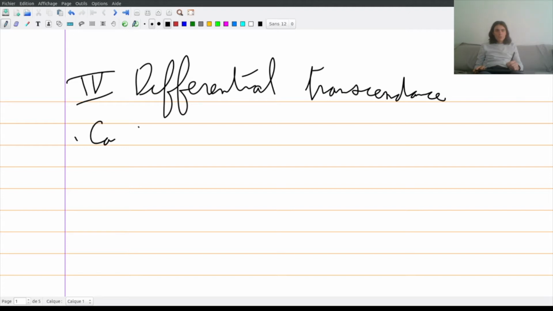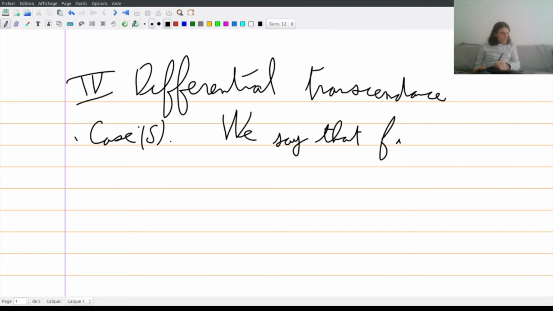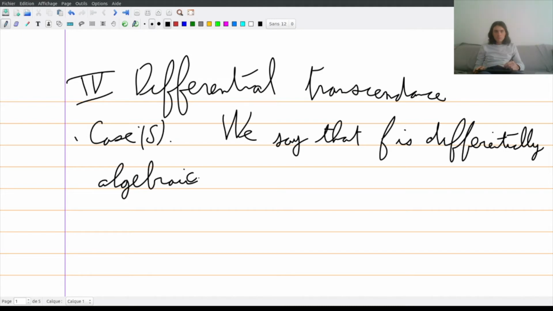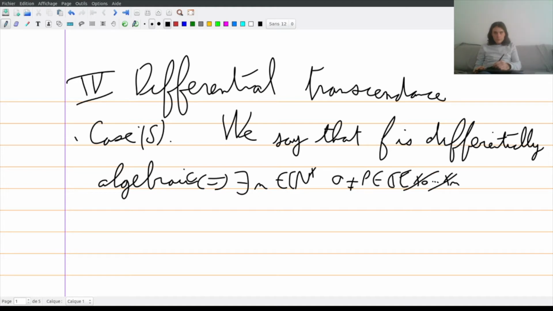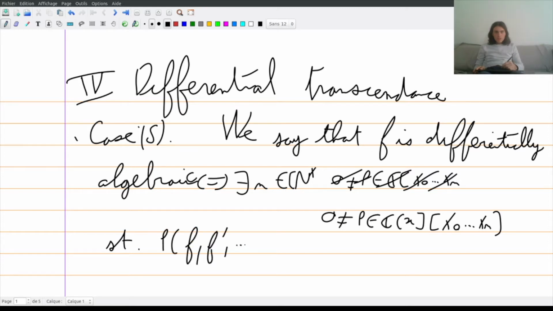So let us consider the case S, and we say that f is differentially algebraic if and only if there exists n, an integer, and a non-zero polynomial having coefficients such that it vanishes on f and its derivatives.